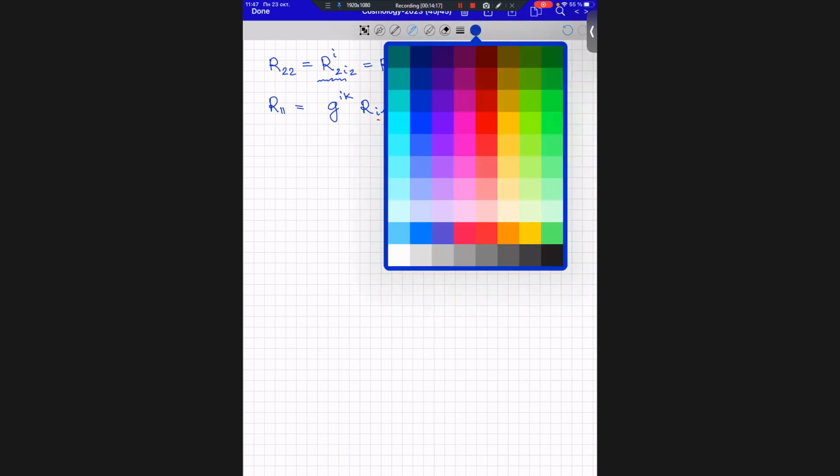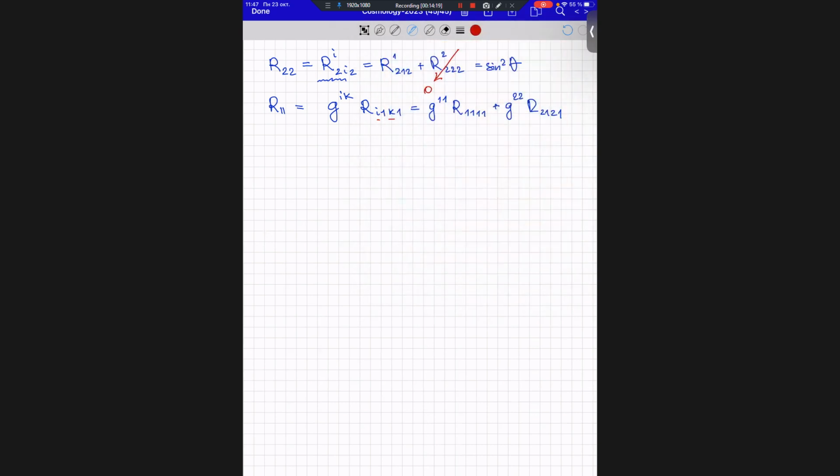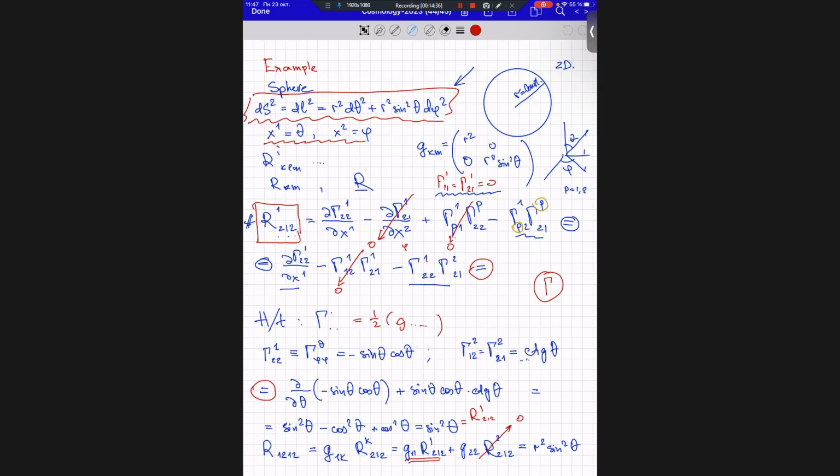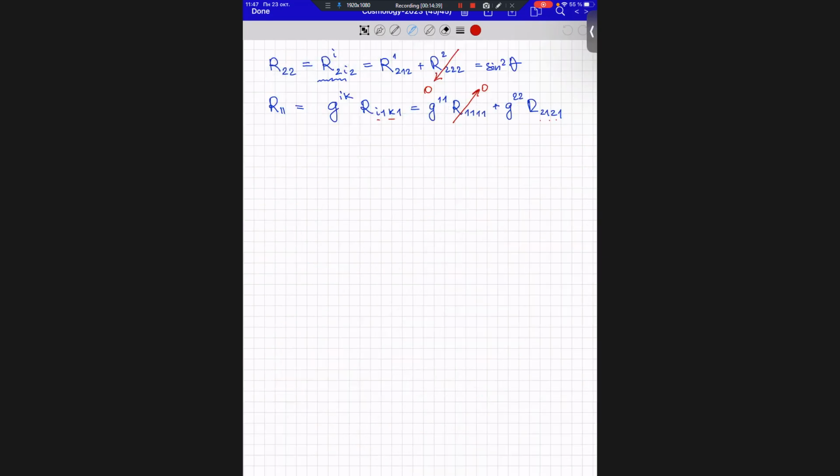Again, you can prove that this component of the Riemann tensor equals 0. So the non-zero component is only this one. Also we have the component 1212, and here I have 2121.